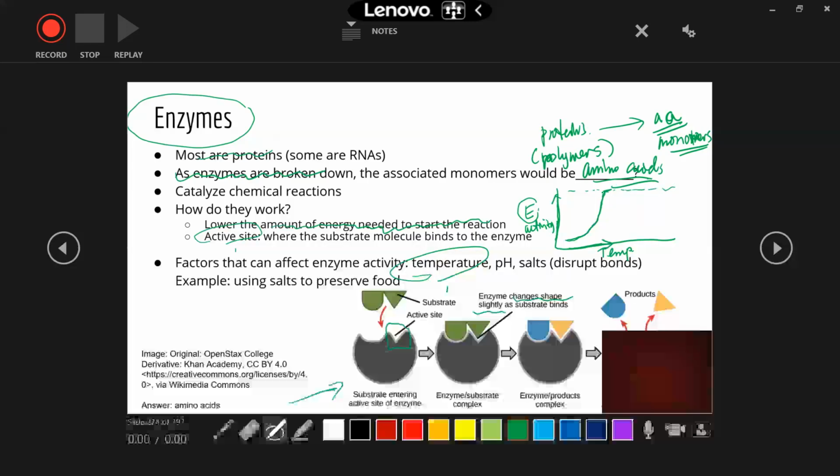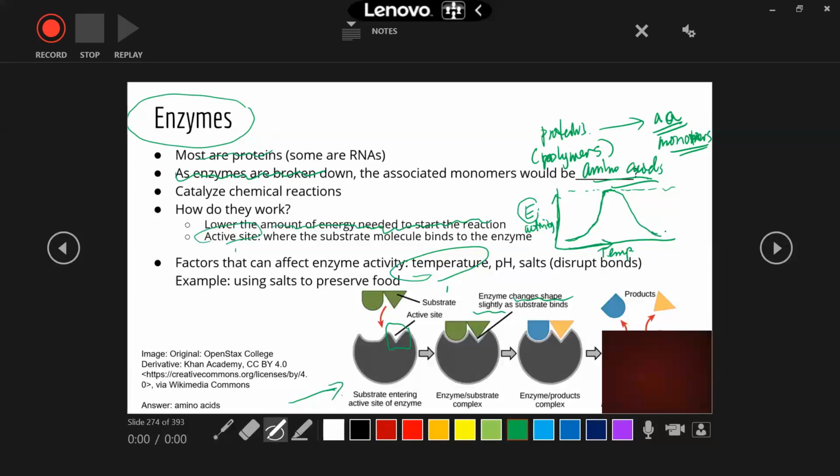If the temperature passes that point, so temperature keeps increasing, then enzyme activity is going to go down, it's going to decrease. And that's because higher temperature may denature the enzyme. If the temperature is too high, it's going to destroy the biological molecules, right?